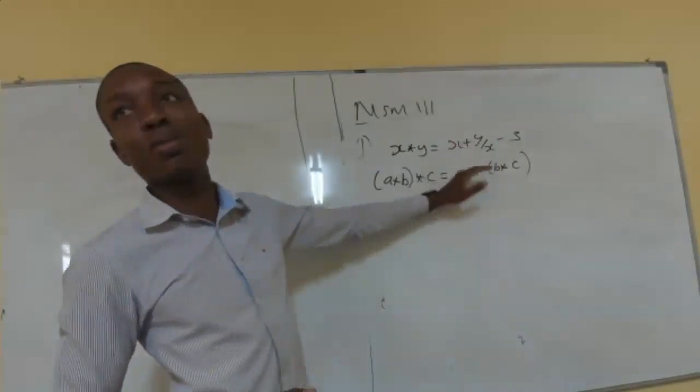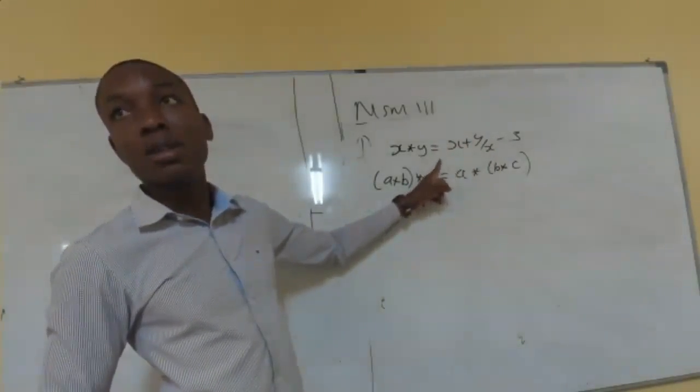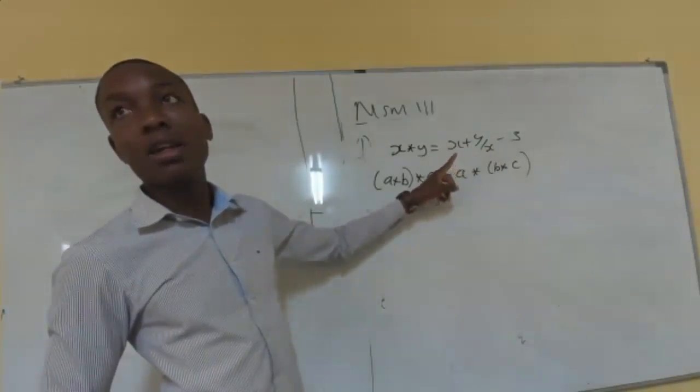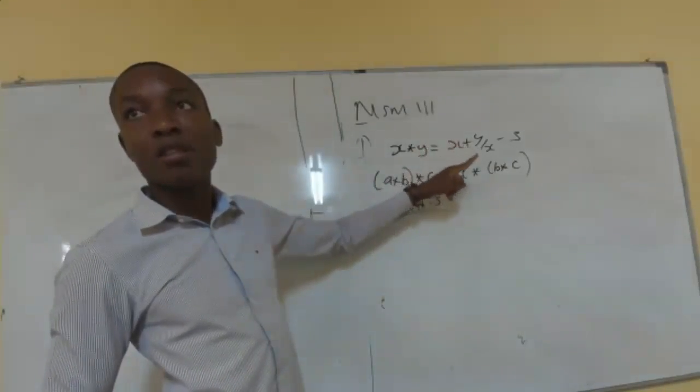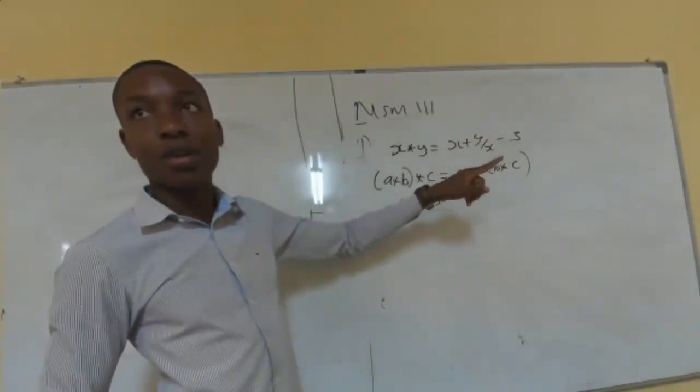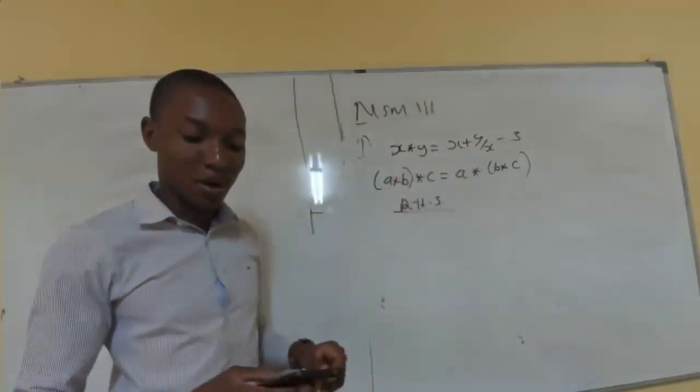So this is what this operation does: to the first, add the second number over the first number, then subtract 3.